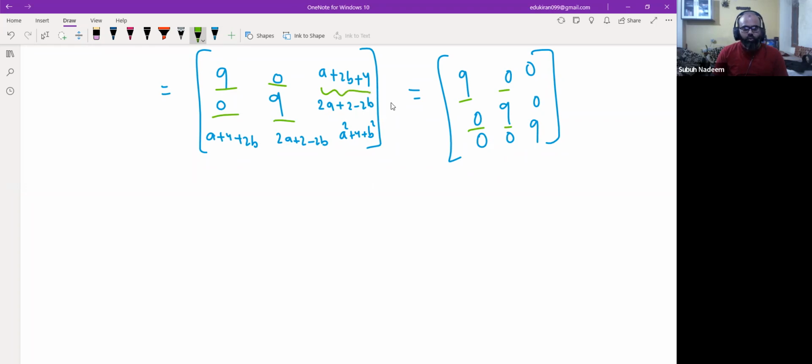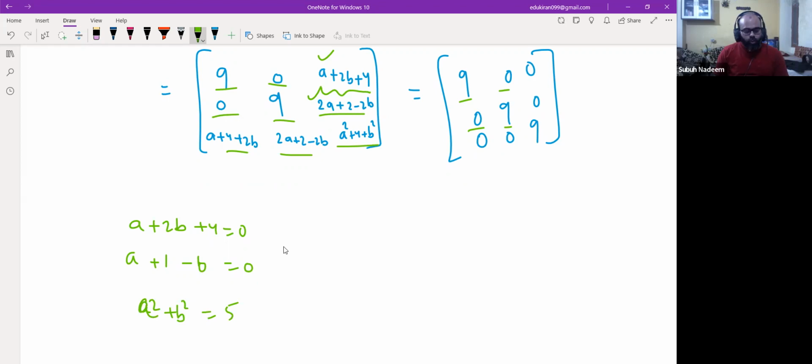And then a plus 2b plus 4 equal to 0. And 2a plus 2 minus 2b is 0. So you can take 2 common and write it as a plus 1 minus b as 0. So these are the same thing as this one. And a square plus b square plus 4 is equal to 9. So a square plus b square is equal to 5.